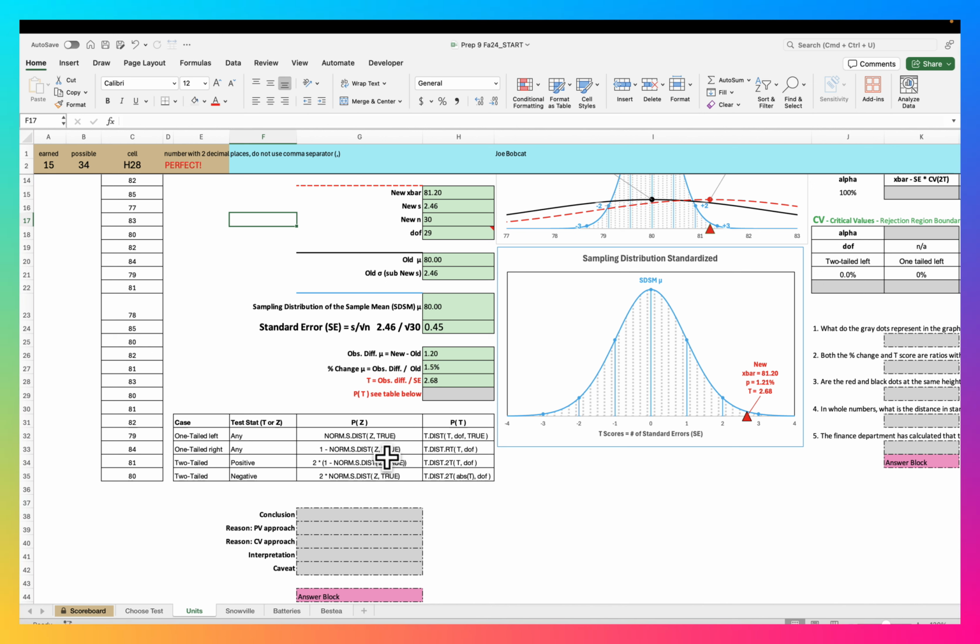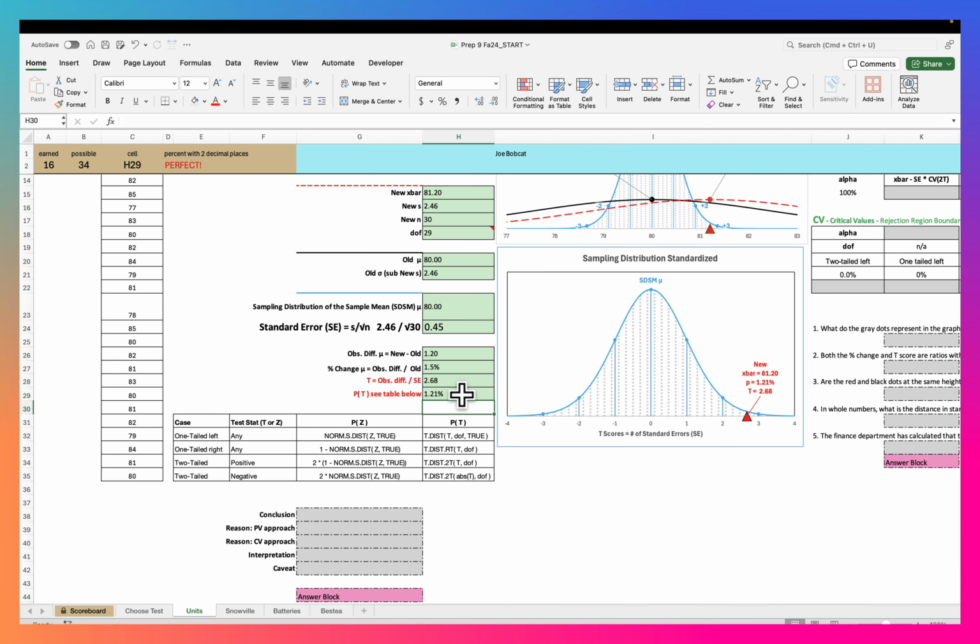So we look at two-tailed positive, and the formula is T.DIST. It's actually really nice. It's a lot easier than it used to be with the z. And it's going to be T.DIST.2T for two-tailed. And then the t, and then the degrees of freedom.